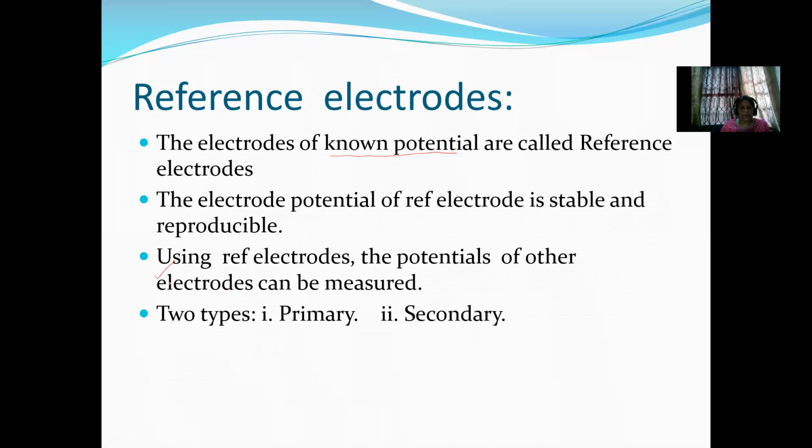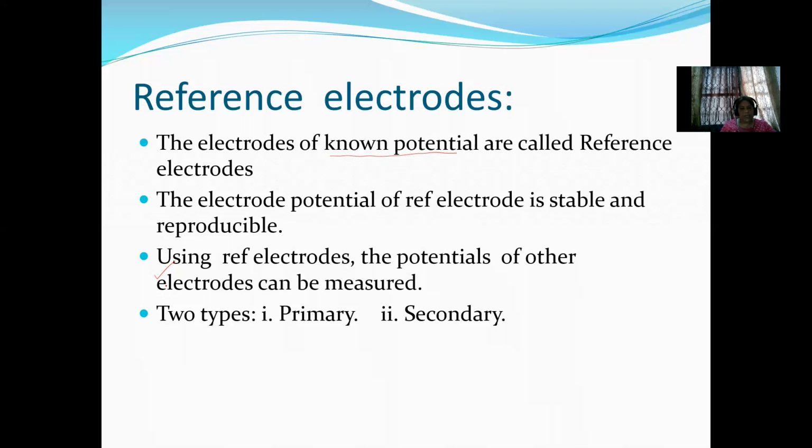Why do we need to understand the function of a reference electrode? Because by using the reference electrode, we can determine the potential of any other electrode. You take any metal, make it an electrode, and you can measure its potential with the help of a reference electrode.